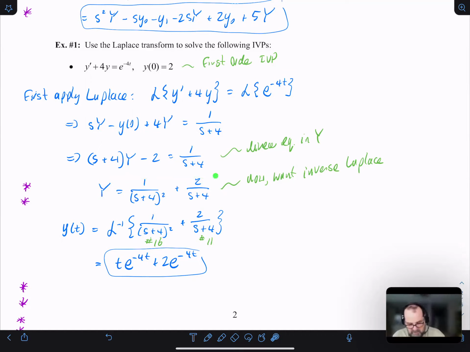So this is the critical first half of a problem like this: apply Laplace transforms on both sides, solve for big Y. And at that point, this is a statement that the solution function we're trying to find has this big Y as its Laplace transform. So give a couple of those a go on my open math.